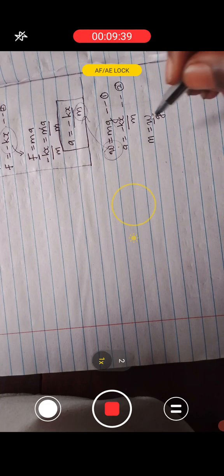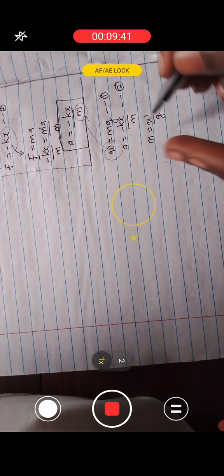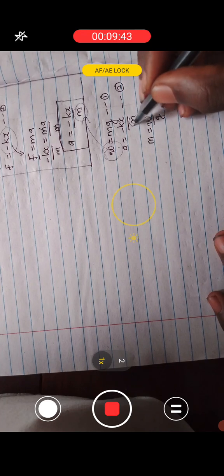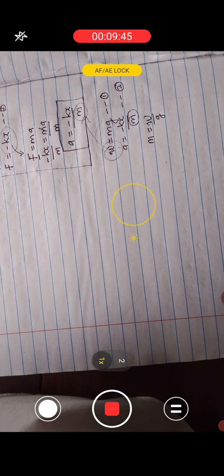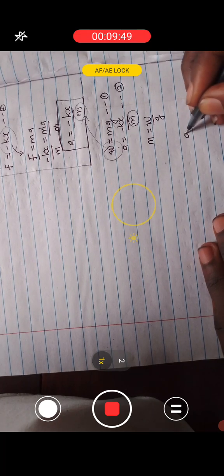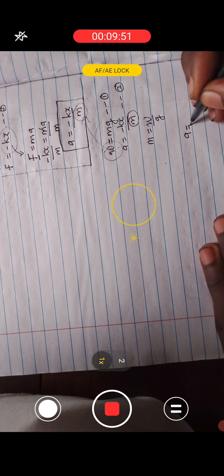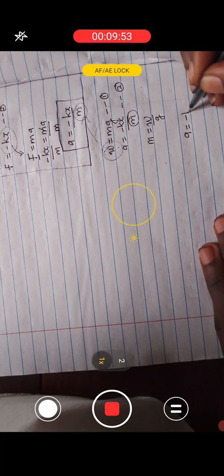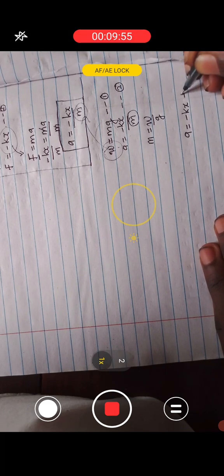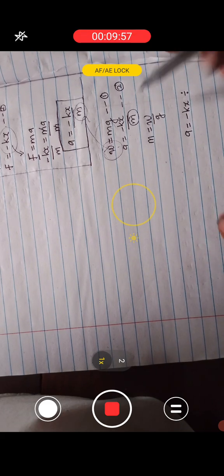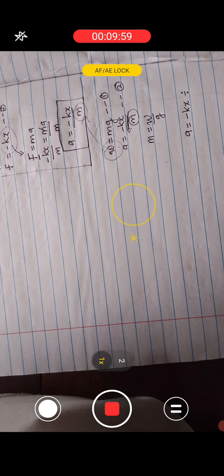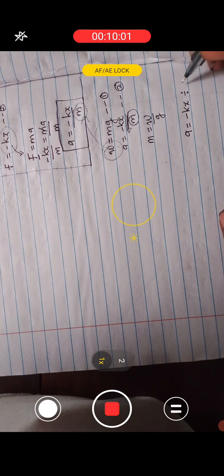Then we can substitute where there is m here. We put weight over gravitational field. So acceleration is equal to negative kx divided by, and I've just changed this over sign for easy calculation.